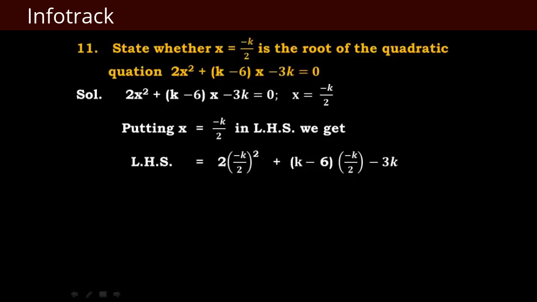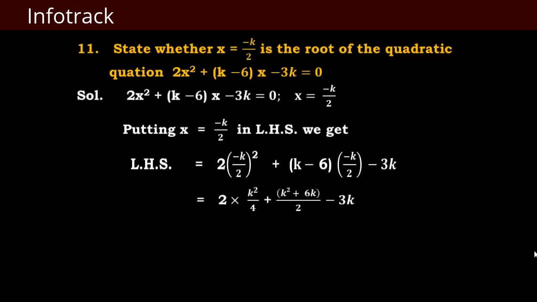We get 2 into k square upon 4. Now we can multiply by minus k upon 2. You will get k square upon 2 plus minus k square plus 6k upon 2 minus 3k.